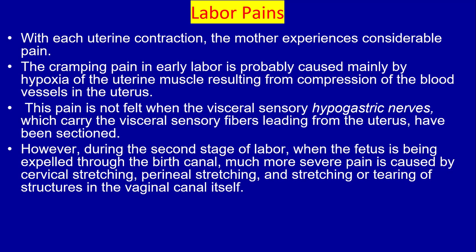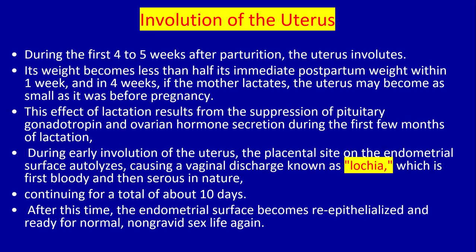However, during the second stage of labor, when the fetus is being expelled through the birth canal, much more severe pain is caused by cervical stretching, perineal stretching, and stretching or tearing of the structures in the vaginal canal itself.